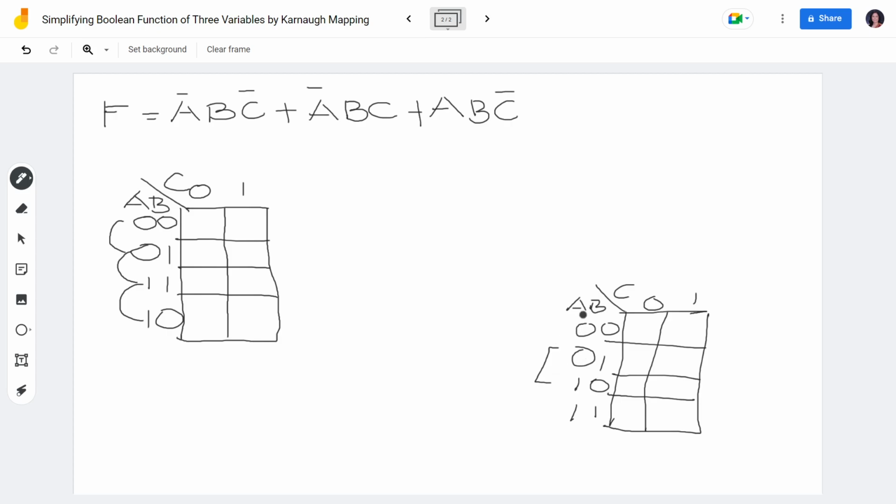So if you do Karnaugh mapping with these values, it's definitely wrong. There will be no common values for them. So this is the proper order for the Karnaugh map: 0, 0, 0, 1, 1, 1, and 1, 0.